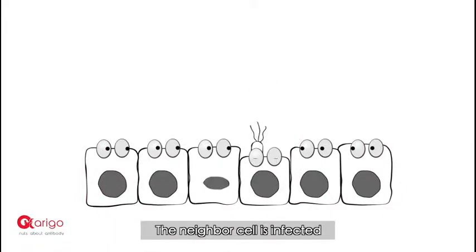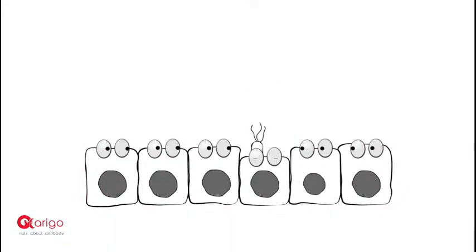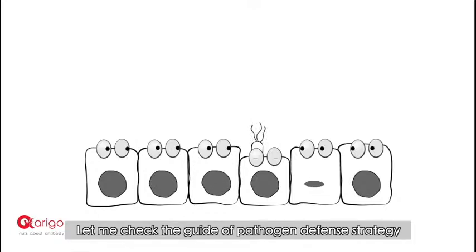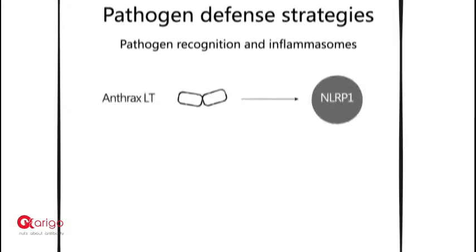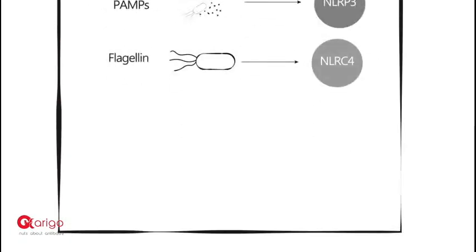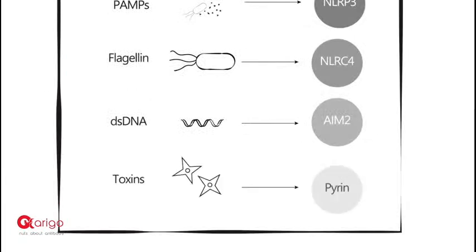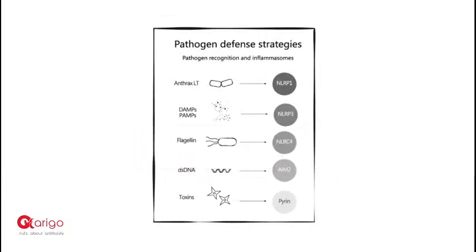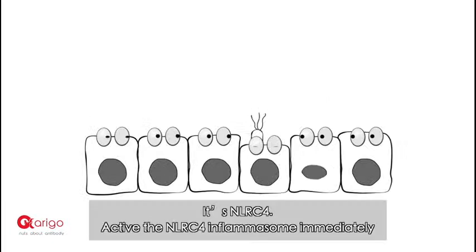The neighbor cell is infected. What's the pathogen? It is a flagellated bacterium. Let me check the Guide of Pathogen Defense Strategy. It's an LRC4.